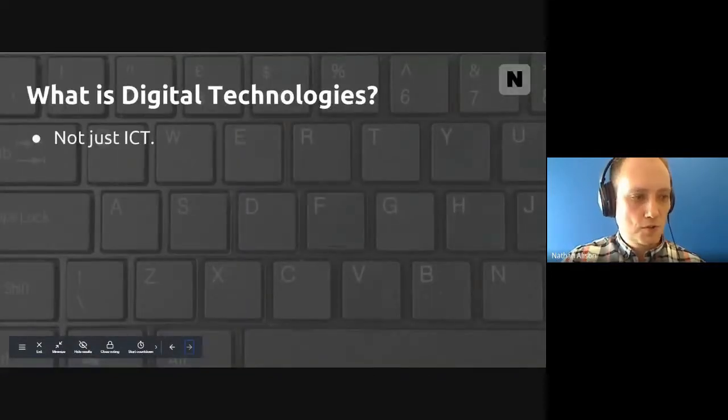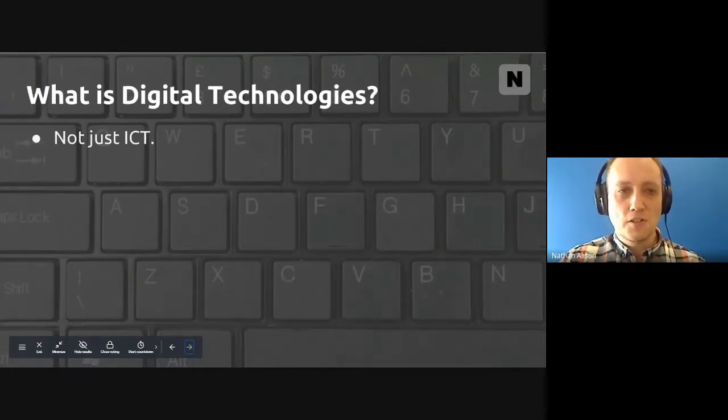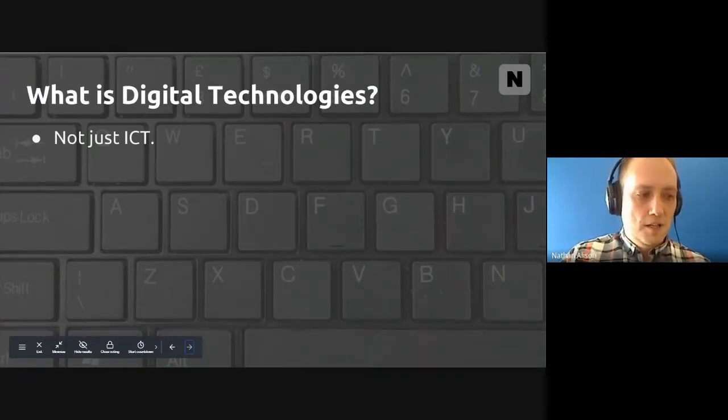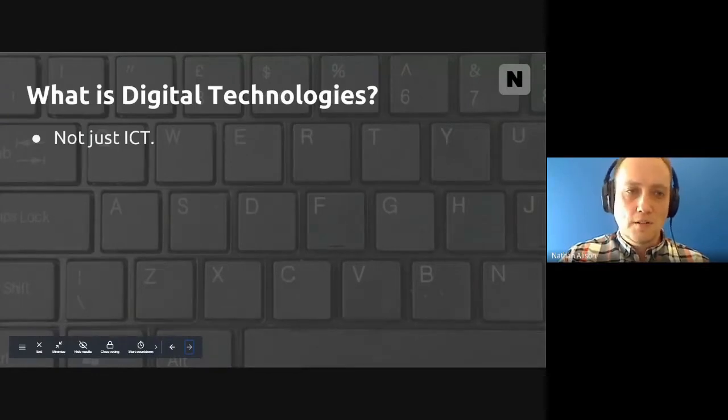So what is digital technologies? One of the biggest things that we want to get across in this session is that it's not just ICT. It's not just that general capability of ICT, which is really about using and consuming technology safely and effectively. In the Australian curriculum, ICT is a general capability.